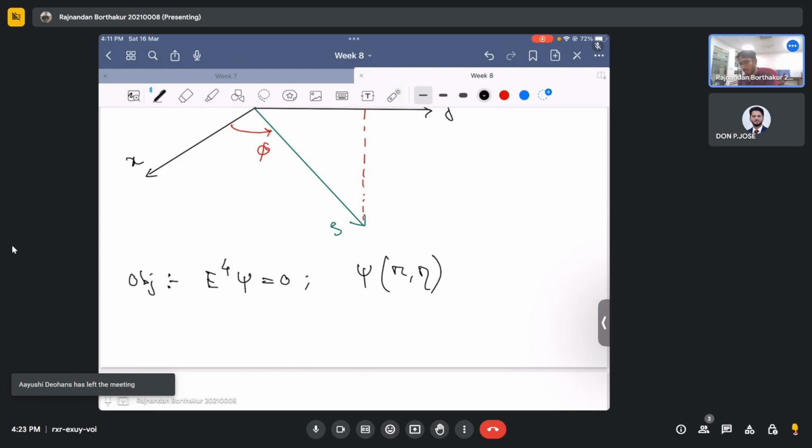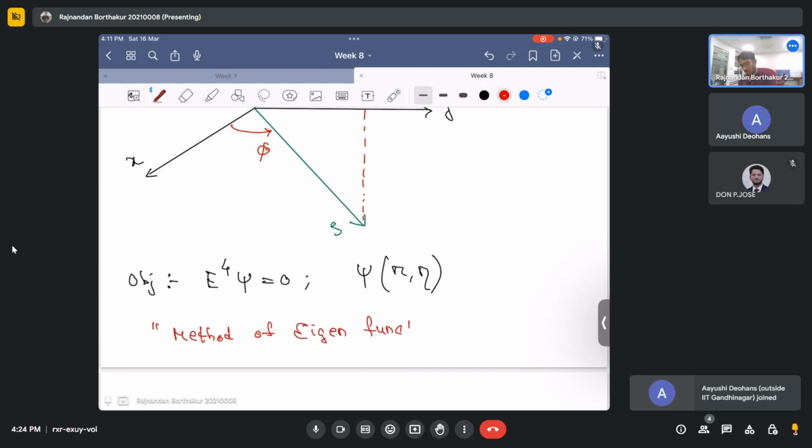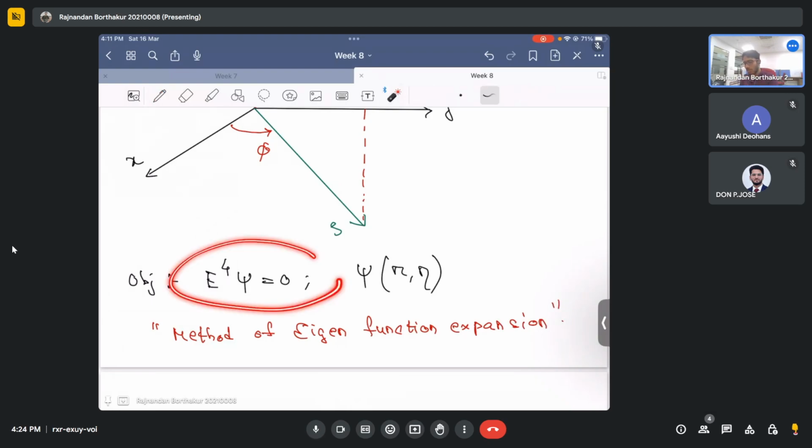Okay. So what people do is they use something which is known as the method of eigenfunction expansion. I just write it here. This is a standard method for solving biharmonic equations, and they use this to solve for an explicit equation for psi of r comma theta.